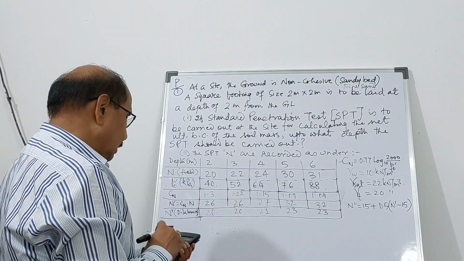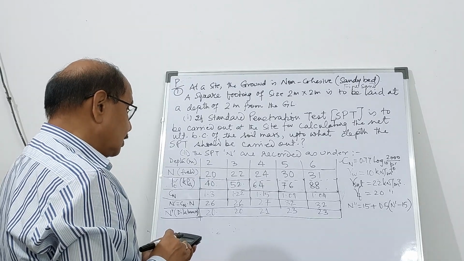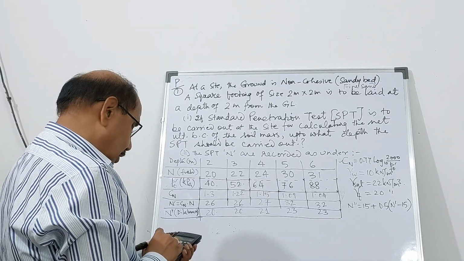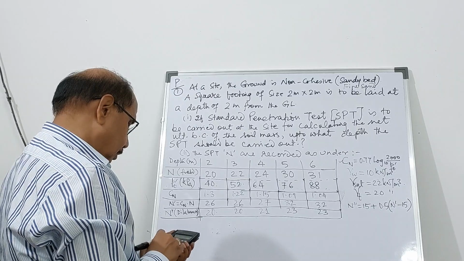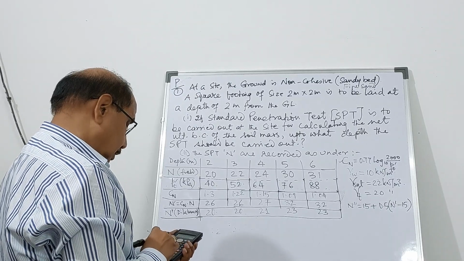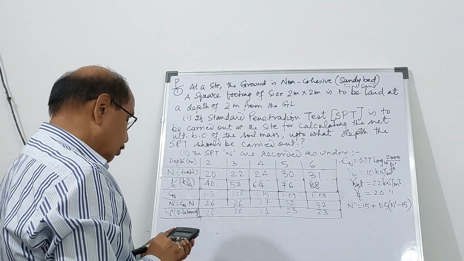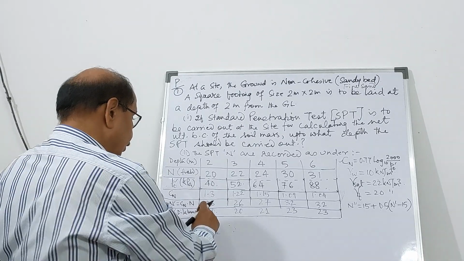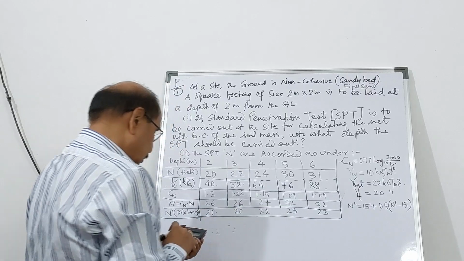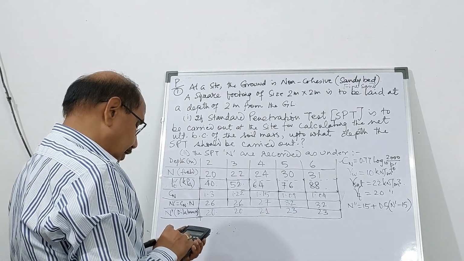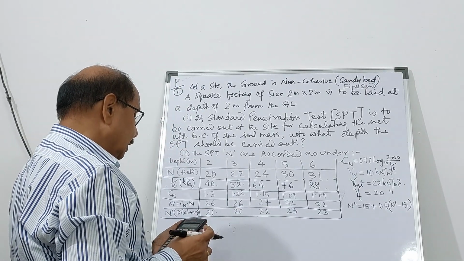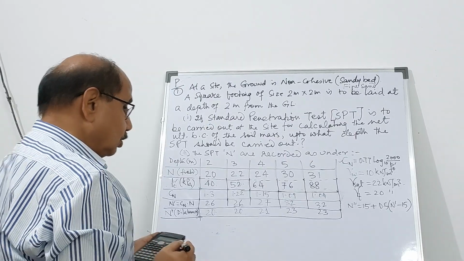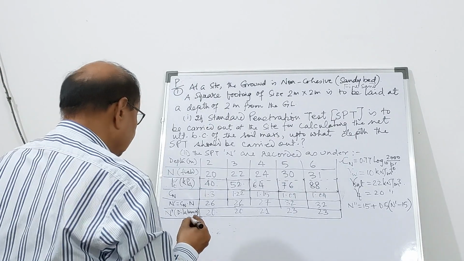So 40 plus 21, then 23 plus 23, it is 107 divided by 5. So the average value comes out to be 21.